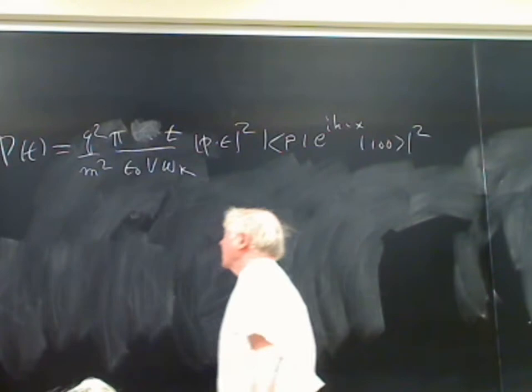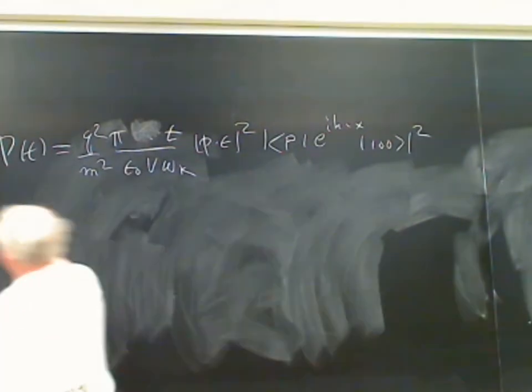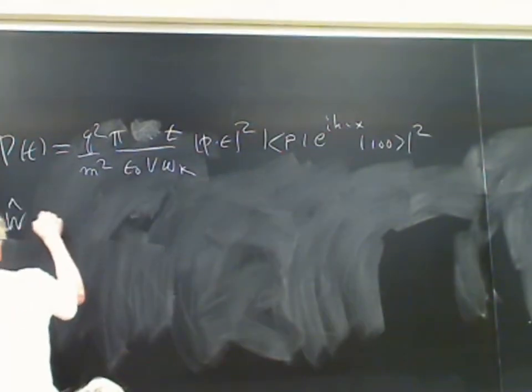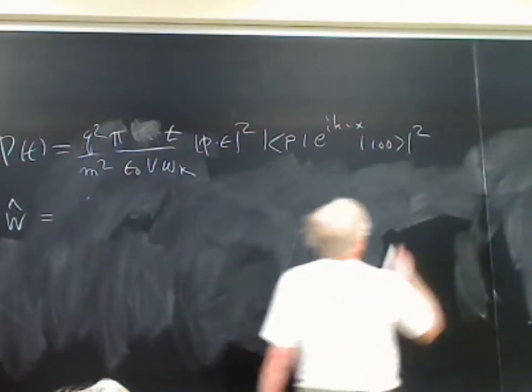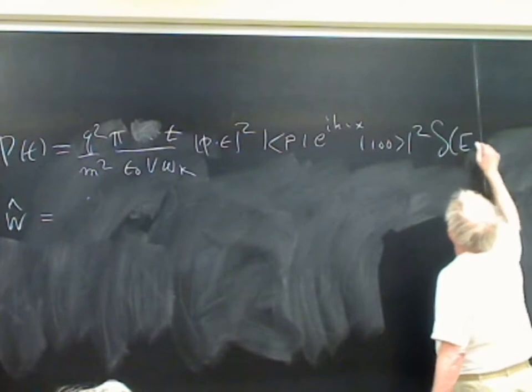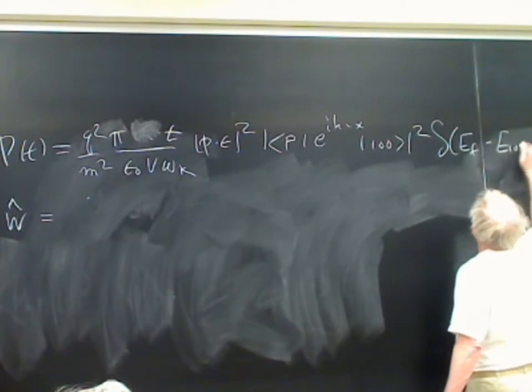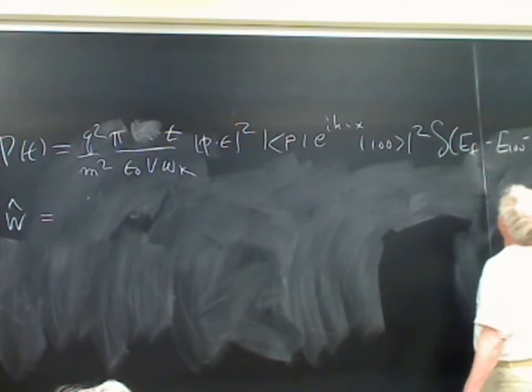So the transition rate, apart from final states, is the derivative of this, times the delta function of E_final minus E_100 minus ħω_k.